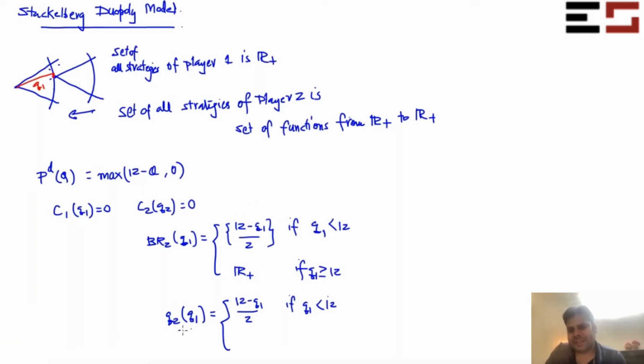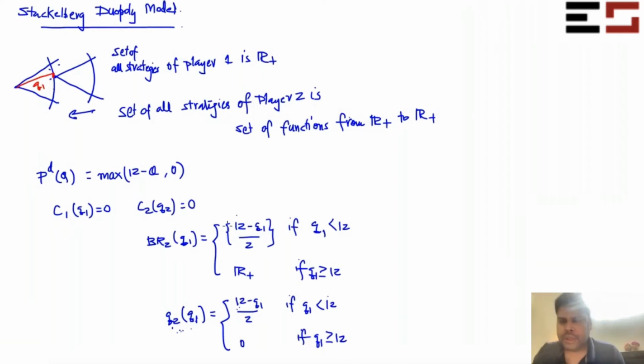Here it's a function, which means that for every action of player 1, there is exactly one action that player 2 is choosing. And q2 as a function of q1 is 0, as Siddharth said, if q1 is greater than or equal to 12. You can choose anything, but let's say you choose 0.